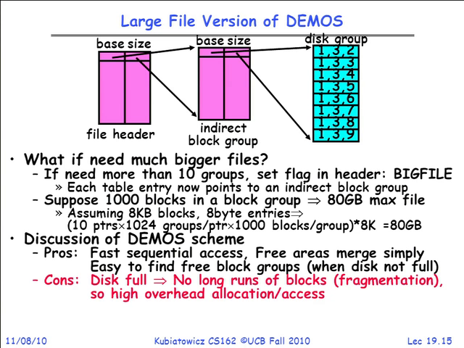So what do you think Demos did? What's the biggest thing that gets in the way here of finding large chunks? What could you do to this disk to make sure that there were large chunks on it? Yeah, you could defragment it, but suppose we're not willing to spend that cost. What else could we do?